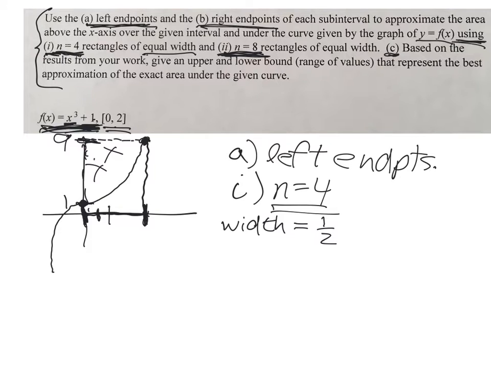Now there's a nice little formula, and oh my, there's that little delta x again, that little change in x. That's going to be the width of each little part. That's going to be b minus a, the length of the interval. In general, we say we go from a to b, so 2 minus 0 over n.